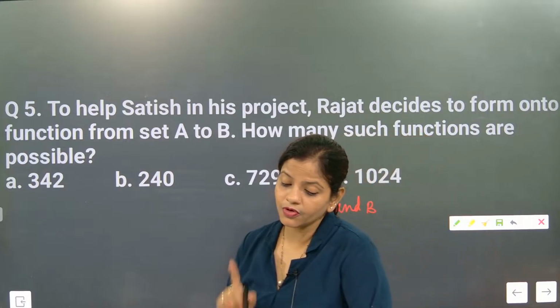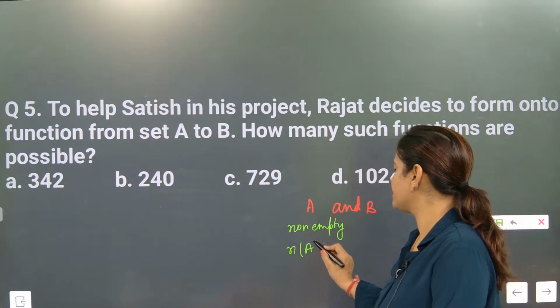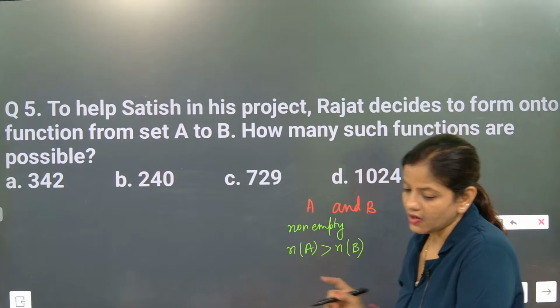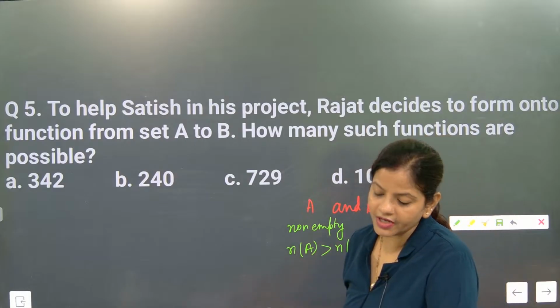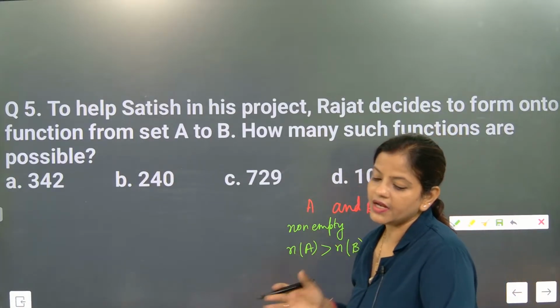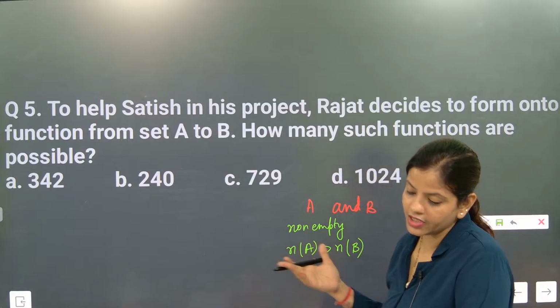Second point: for an onto function, the number of elements in A must be greater than or equal to the number of elements in B. In our question, A has 5 elements and B has 4 elements, so this situation is satisfied.